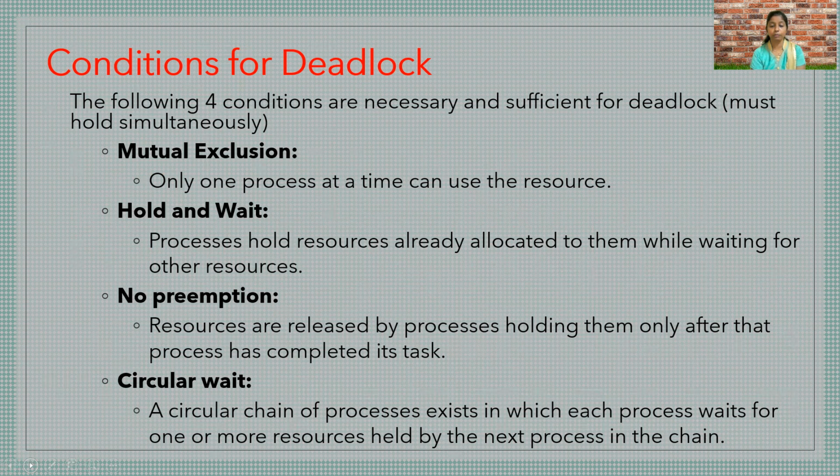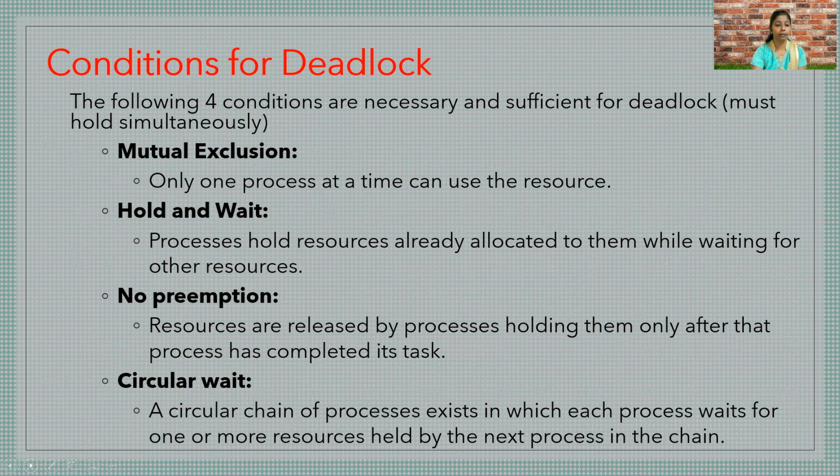The circular wait property can be viewed as a chain of processes where every process waits for the resource that is held by the next process, still holding on to a resource that the previous one needs. So the chain goes on.